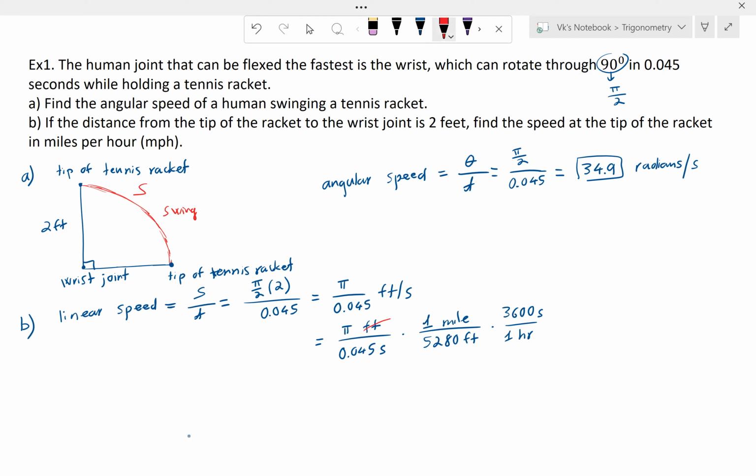Look at the units. The feet and the feet cancel out. The second and the second cancel out. So what we have is miles per hour. Plug this in the calculator and we have 47.59 miles per hour. Wow, pretty fast. Interesting problem.